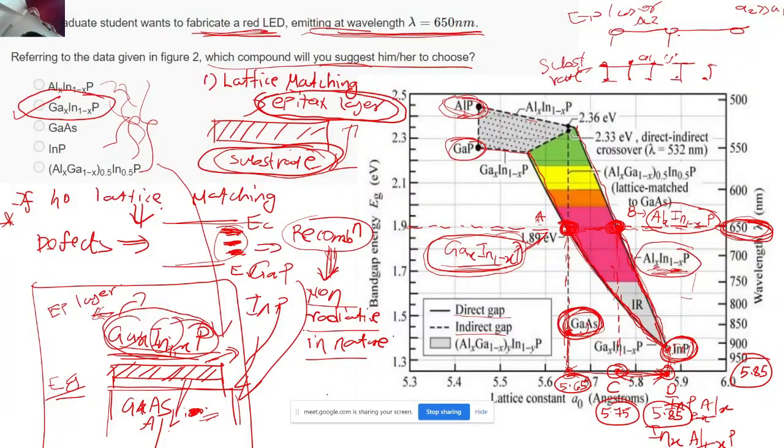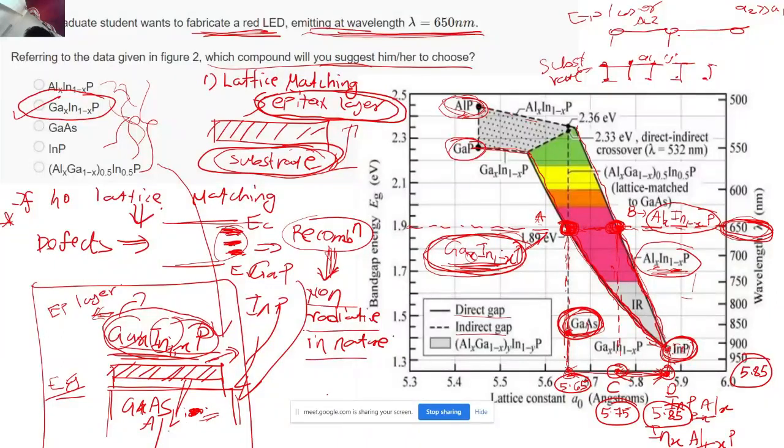So the lattice constant of gallium arsenide and the lattice constant of gallium indium phosphide, from where we got the gallium indium phosphide, we started moving from indium phosphide and we are reaching to gallium phosphide, right? So we are varying the mole fraction, that is the x, to get this compound. Now our lattice matching condition is satisfied, right?